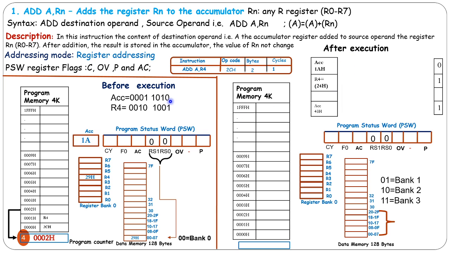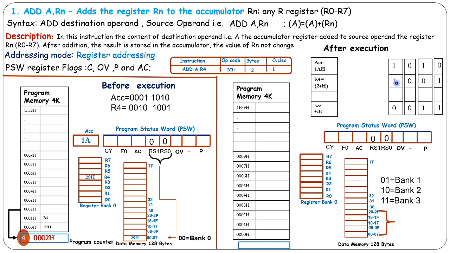Now see here, in the last bit, 0 plus 1, sum is 1, carry is 0. Next is the second bit, 1 and 0 are added, sum is 1, carry is 0. Again 0 plus 0, sum is 0, carry is also 0.